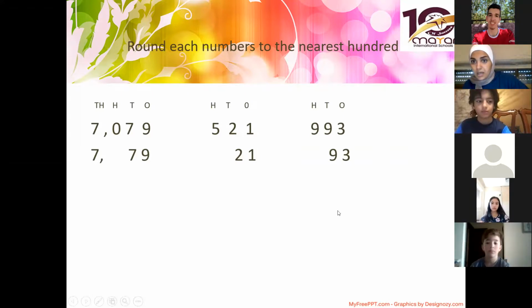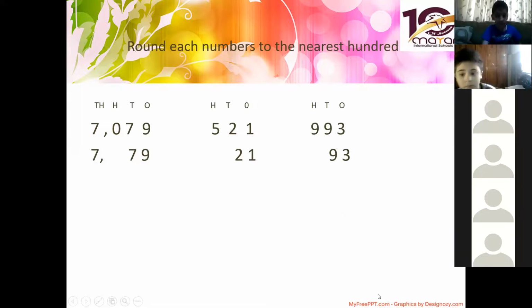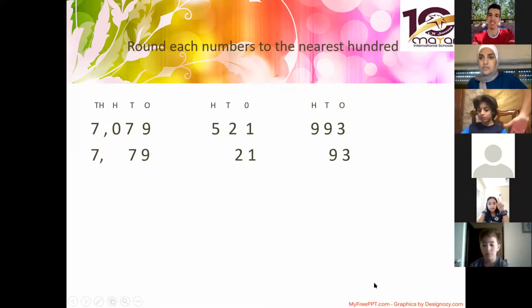All right. Who wants to answer? Faris, Abdullah, Tala, Yasmin. I can't see your screens. Just raise your hand if you want to answer. All right. You said, Khalid, you can answer.